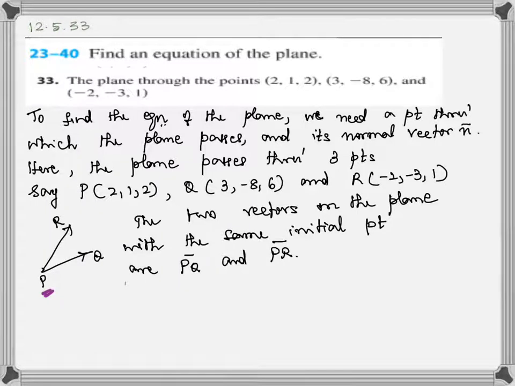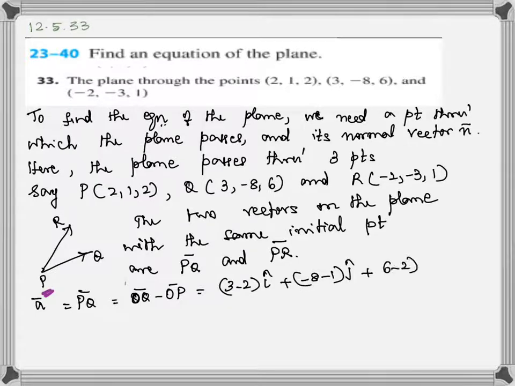PQ is a vector segment, which is OQ minus OP by definition. So we take the coordinates of Q and subtract the coordinates of P and write it in vector notation. So it is (3 minus 2)i plus (-8 minus 1)j plus (6 minus 2)k.